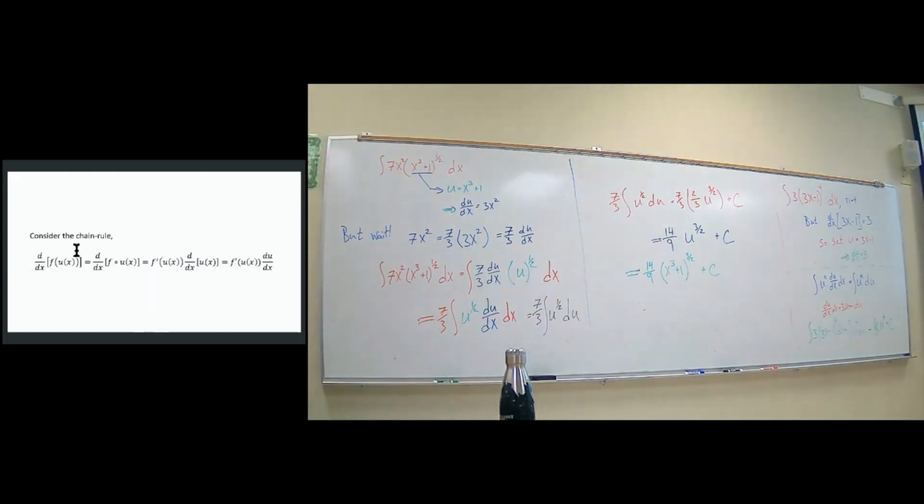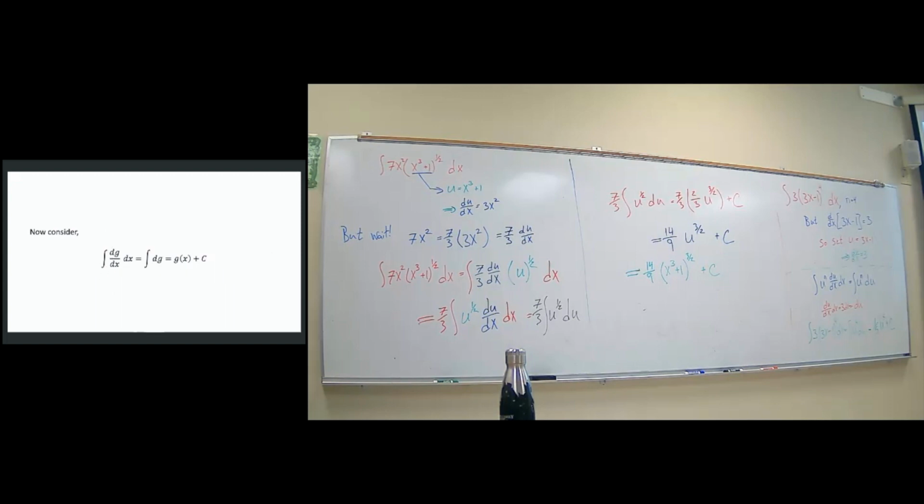And the way all this works is we use the chain rule. You say, cool, if we have a function that is a composition of f with some u of x, so our exterior function and our interior function, the derivative of this thing is just going to be the derivative of f with u as our input, right? Times the derivative of u with respect to x, just like we talked about before.